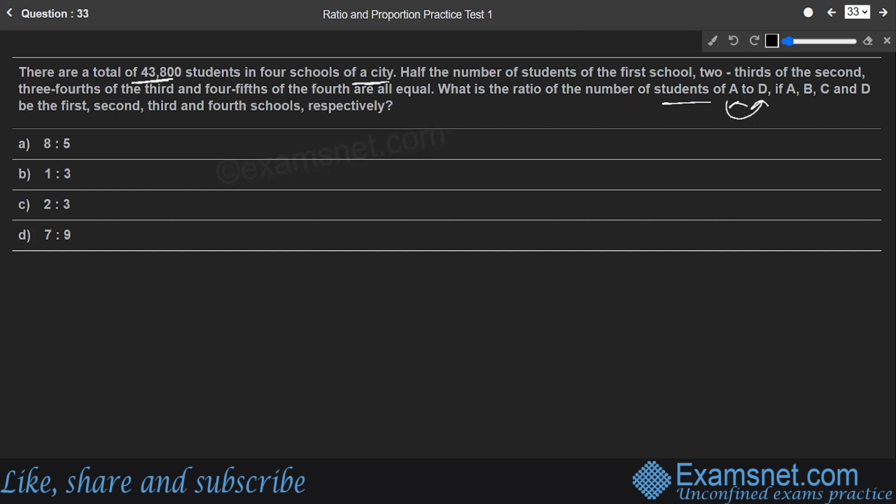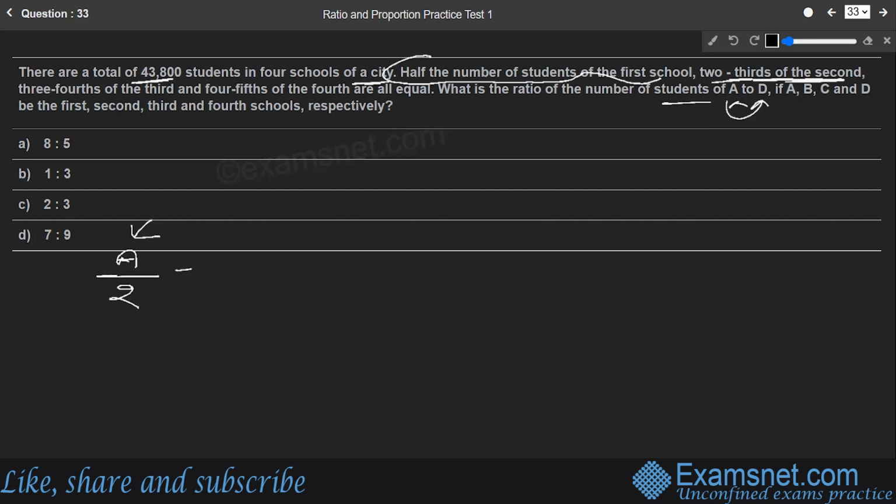So if we know this, let us see the first phrase. They say half the number of students of the first school. The first school was A, so half the number of students of the first school will be A by 2. They say this is equal to 2/3 of the second.